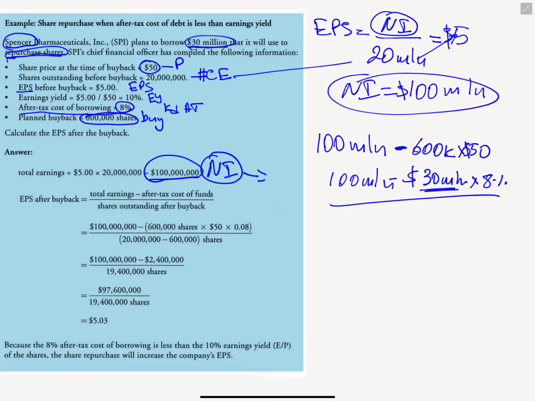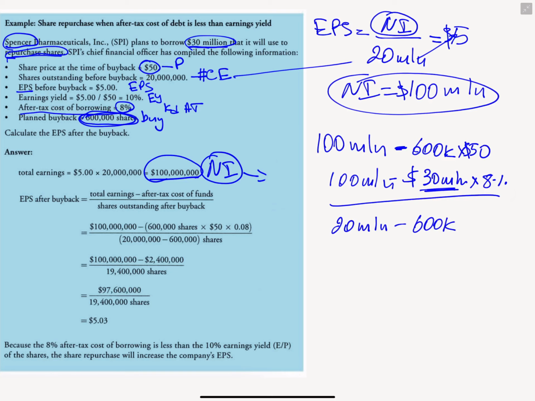Then shares outstanding after buyback. Before it was 20 million, but we want to buy back 600,000 shares. In circulation, the number of shares will be 600,000 less.